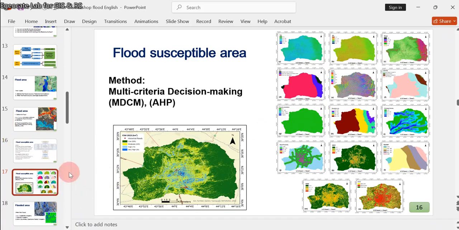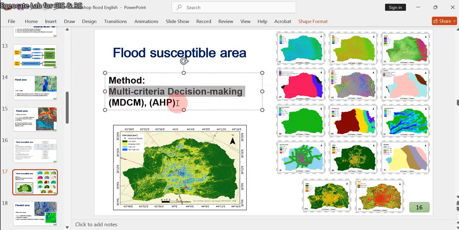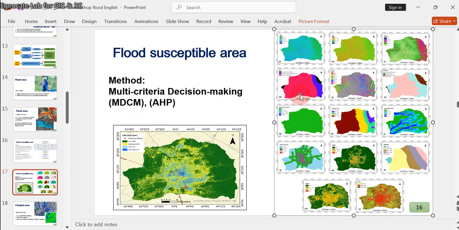This is an example of flood susceptible areas using multi-criteria decision making and specifically AHP. These are the parameters. These are about 10 to 12 parameters, each of which you consider, and each one has its weight.